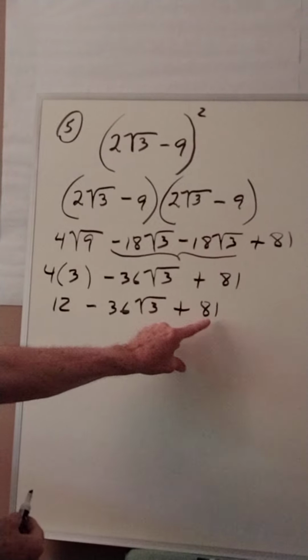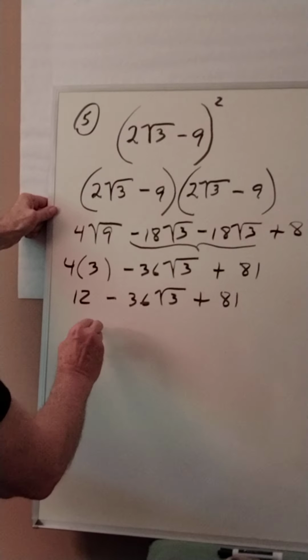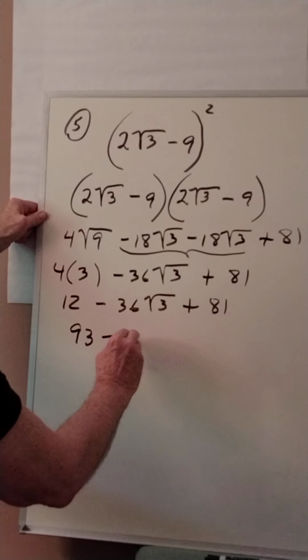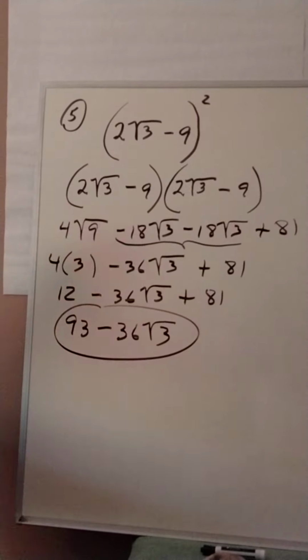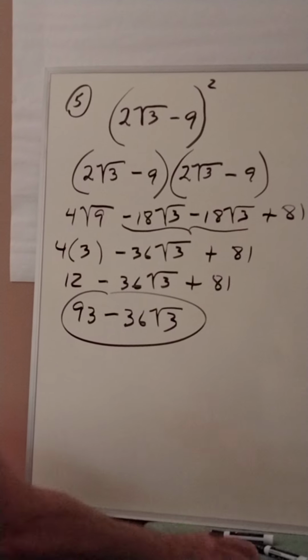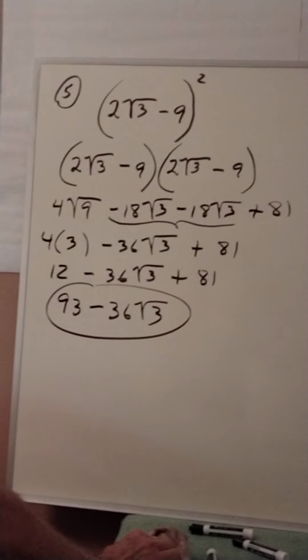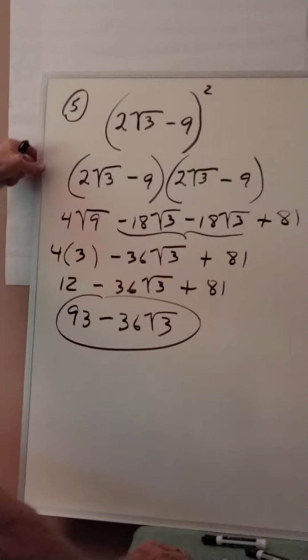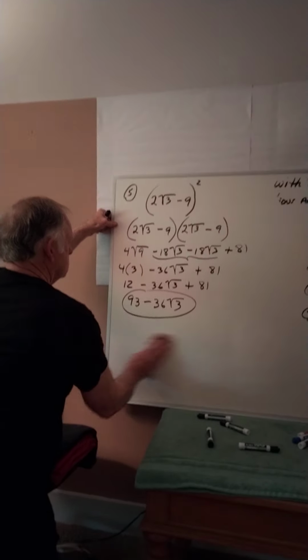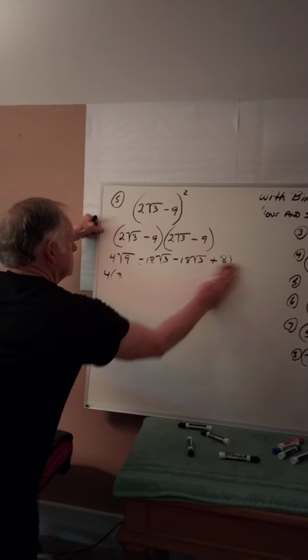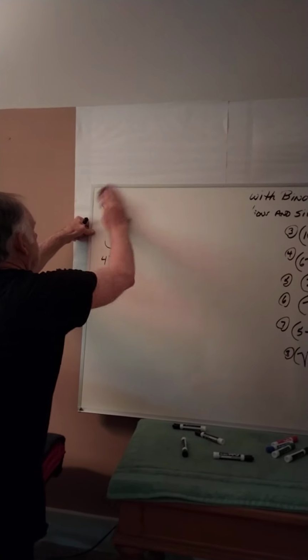Add the positive 12 with the 81, should give us 93, negative 36 root 3, done. I believe it's the more secure way. We'll do one more of these. Call it number 6.